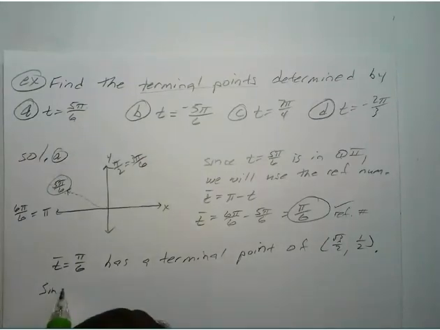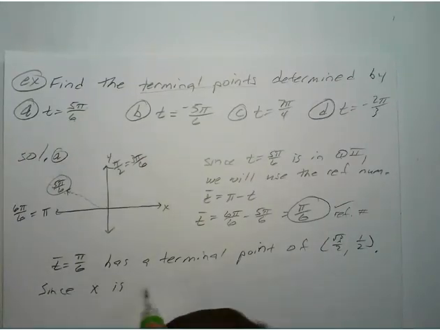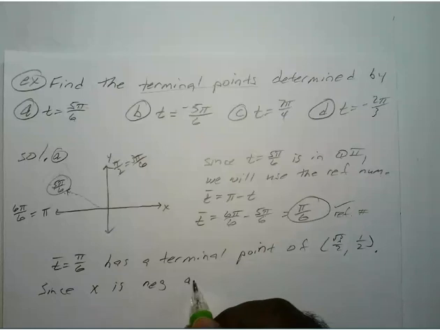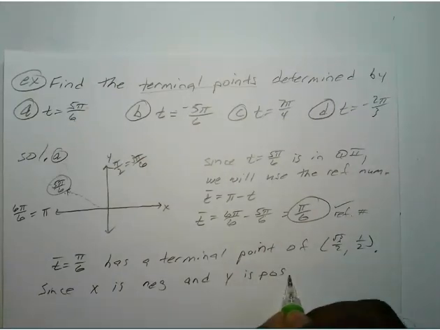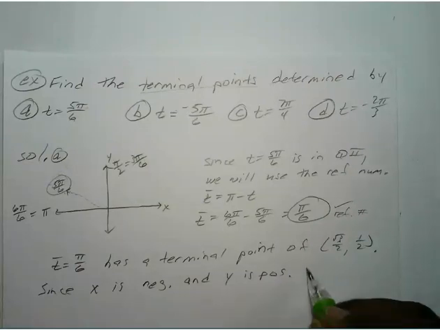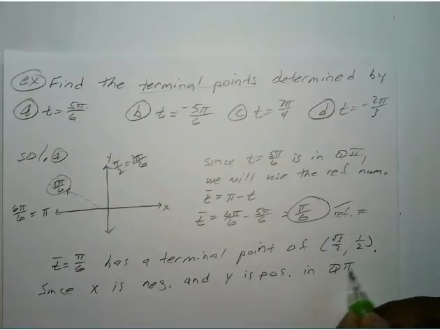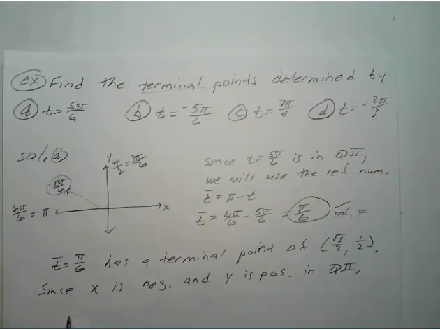Now, since x is negative and y is positive in quadrant 2, your terminal point has those same two numbers, but you're going to make x negative and y positive.